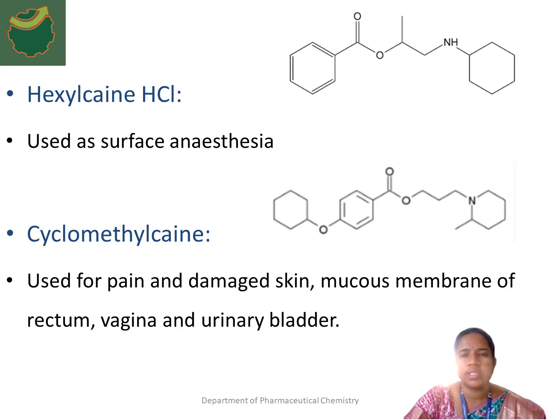Now that R group is substituted with a cyclohexoxy group. Okay. So that is why it's called cyclomethycaine. So it is used for pain and damaged skin, right? For the mucous membrane of rectum, vagina and urinary bladder. It is mainly used to relieve pain. Mainly it can be applied on the damaged skin and also on the mucous membranes of rectum, vagina and urinary bladder. So this is about cyclomethycaine.